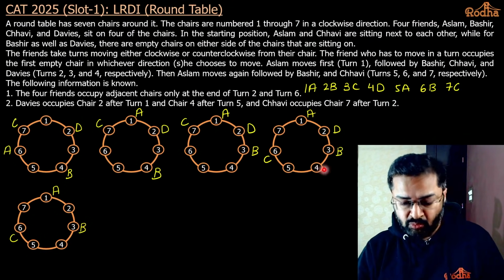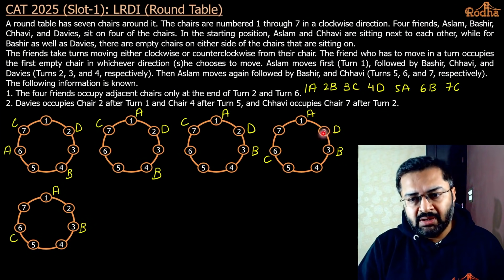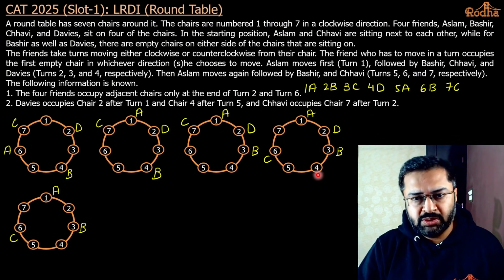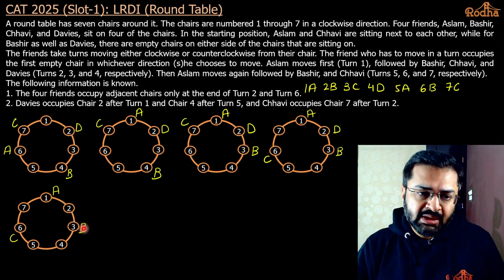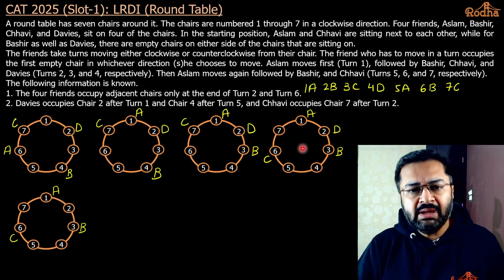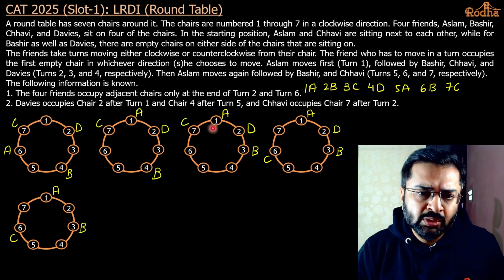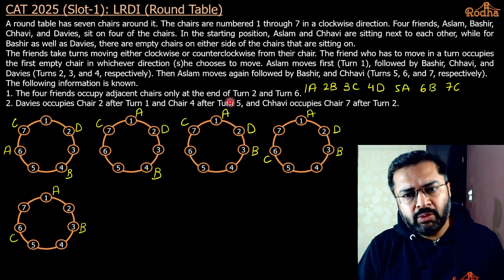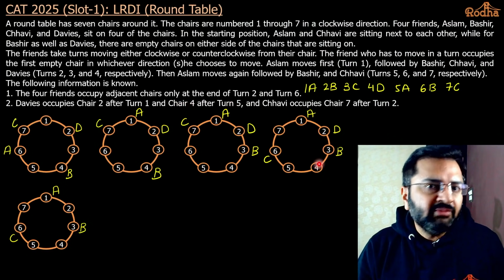Now see what will happen with D in turn 4. This would be turn 4. So D now has to come to 4th position. Fine. If D comes to chair number 4 in turn 4, then only D can be at chair number 4 after turn 5, right? This is the only thing that you had to figure out. D at 4 after turn 5 means D moves to 4 in the 4th turn, right?